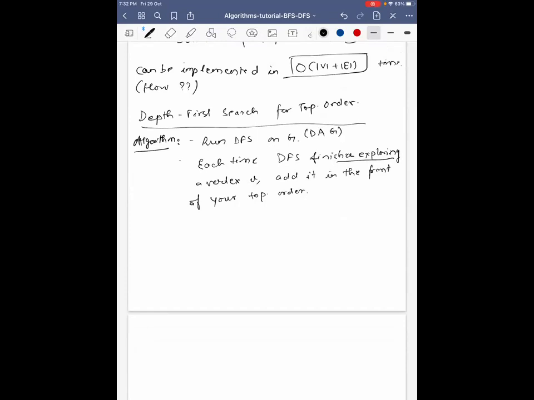So in that case, it won't find any cycles. Remember that topological sorting is possible only in case of DAGs, not for general graphs. Yes, sir. Okay, so here we have implicitly assumed that the input graph is a directed acyclic graph. Fine.